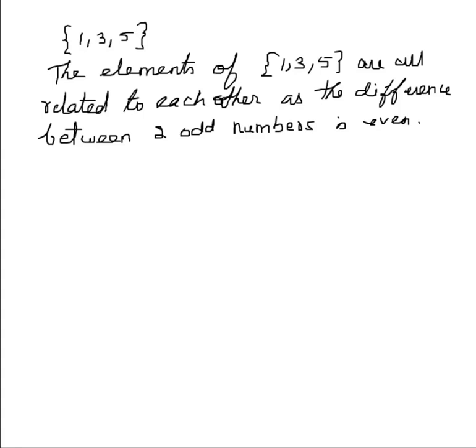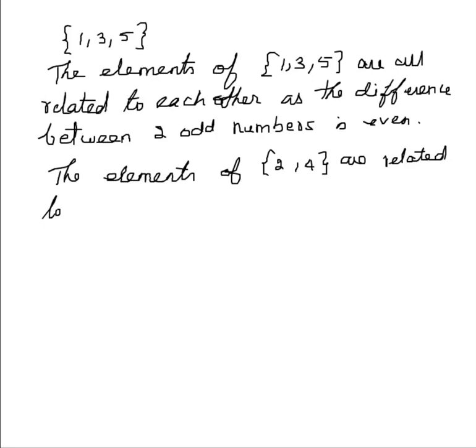Similarly, the elements of the set {2, 4} are related to each other. Only two elements are there. 2 is related to 4 and 4 is also related to 2 because the difference is 2. The absolute value of 2 minus 4 or of 4 minus 2, both are 2, which is an even number.